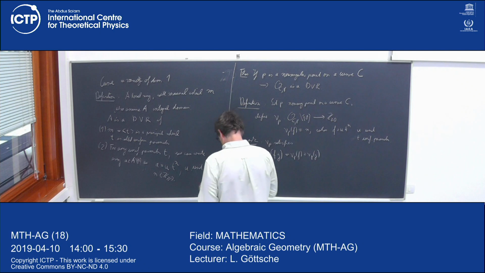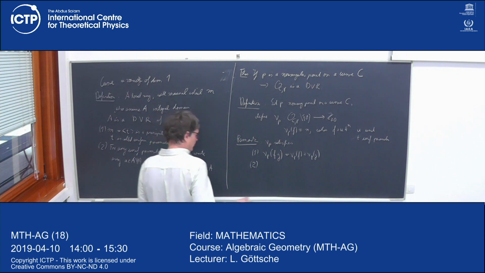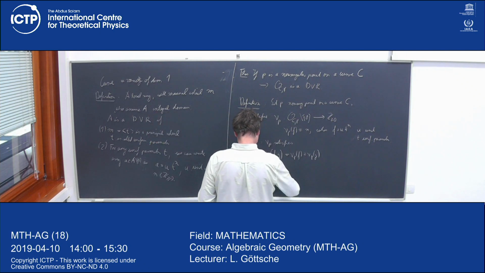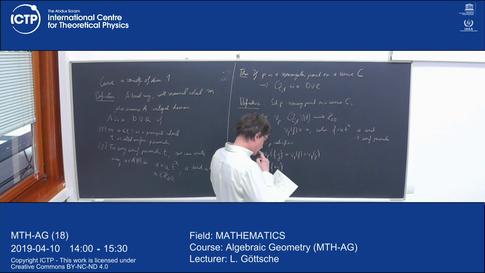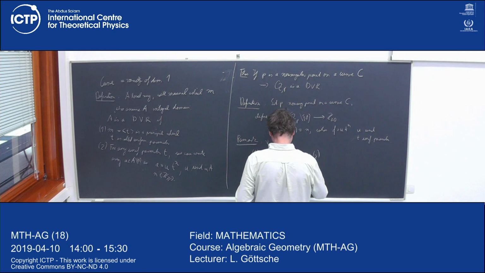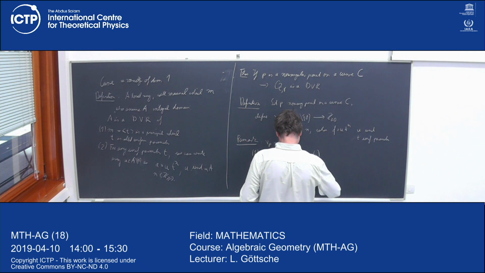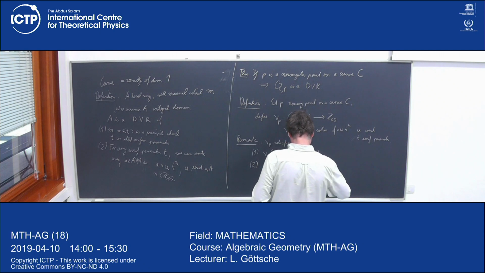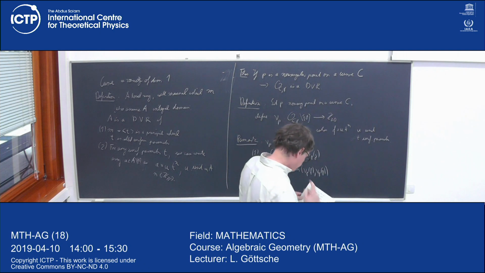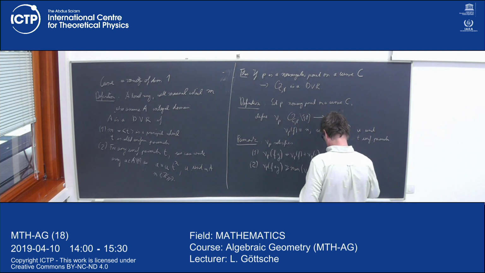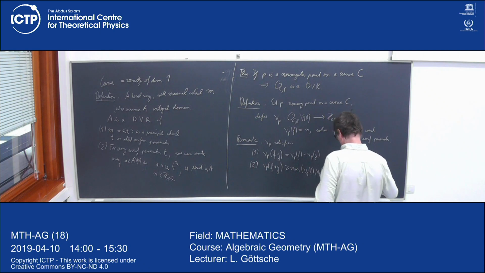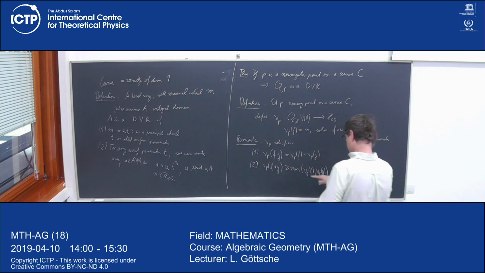Second, if I look at the valuation of the sum, this is bigger or equal to the minimum of the valuations nu P of f and nu P of g, and with equality if these two numbers are different.